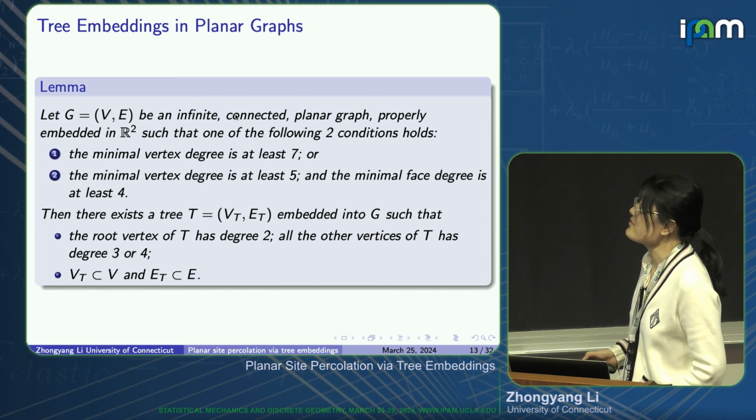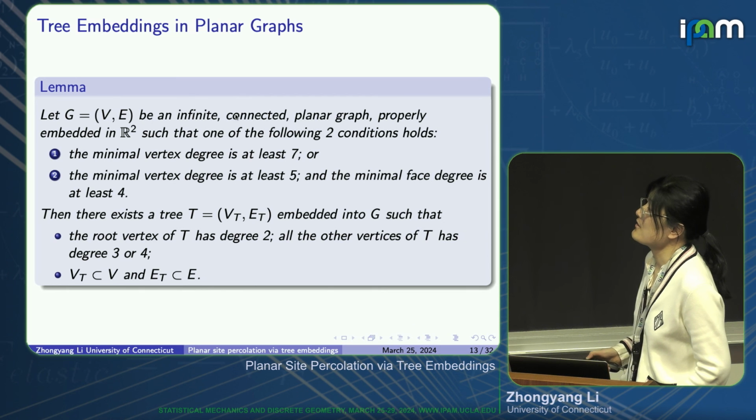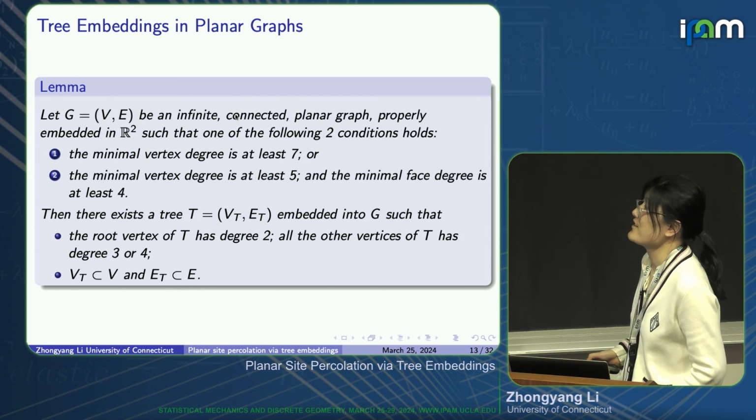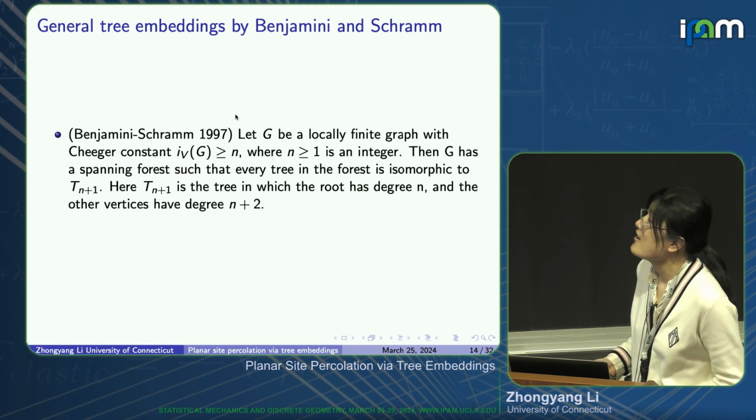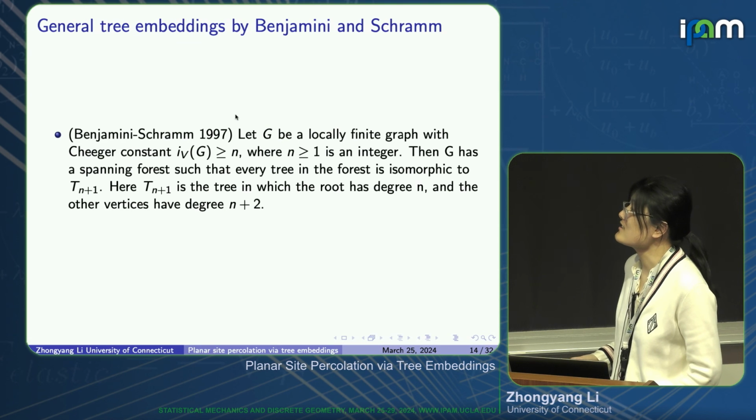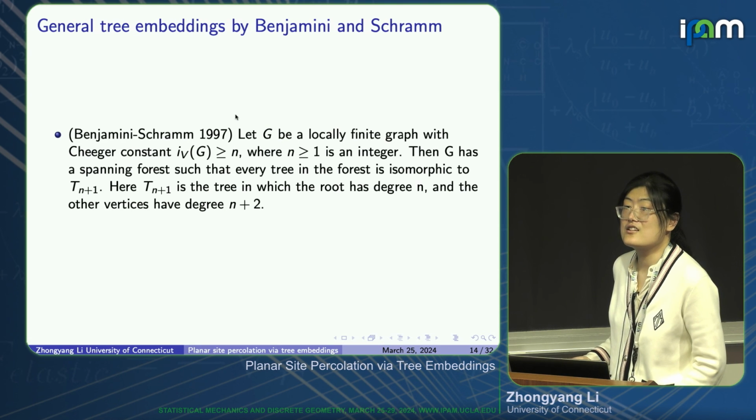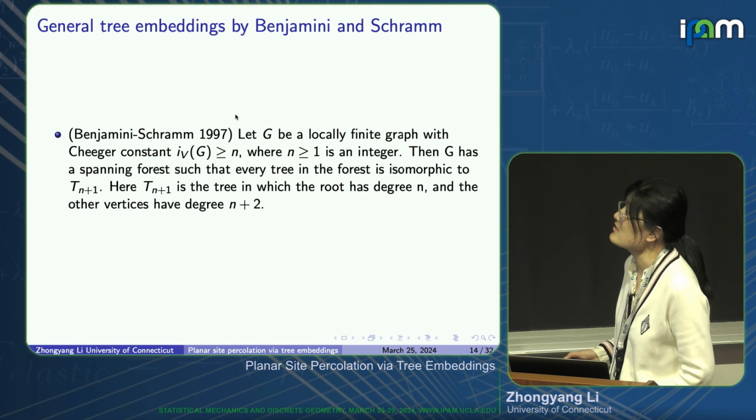So each vertex of this tree is also a vertex of G, and each edge of this tree is also an edge of G. The existence of embedded trees on a non-amenable graph with large Cheeger constant is not new.